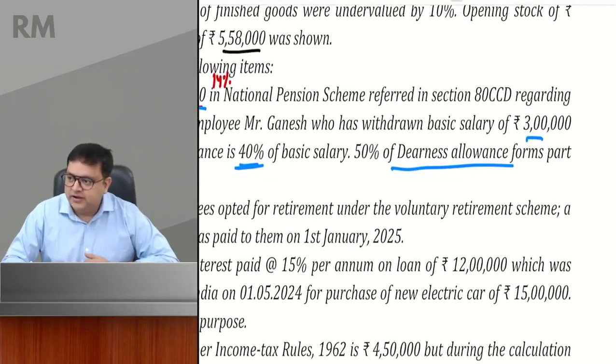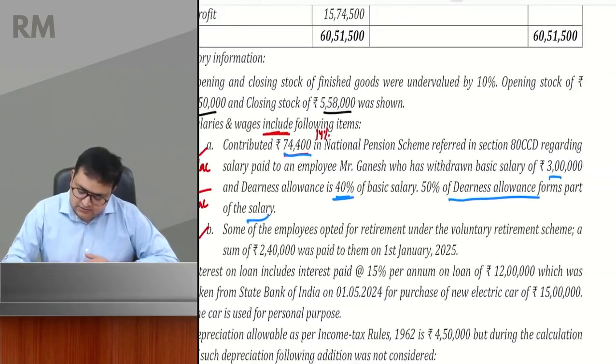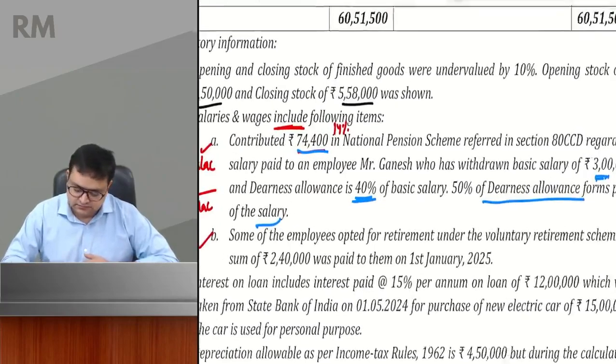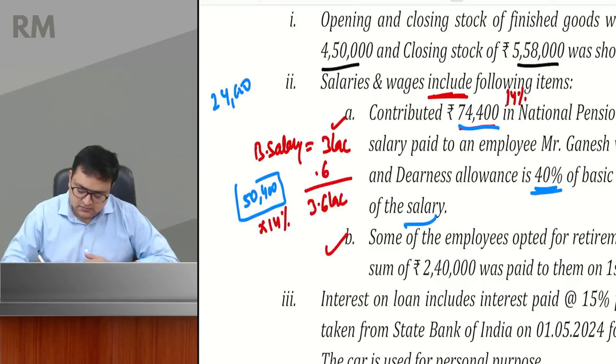For calculating DA amount of 1.2 lakh, 3 lakh into 40%, I should take 1.2 lakh. Why?